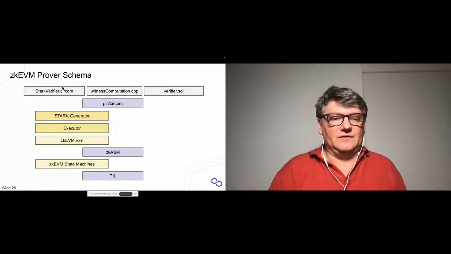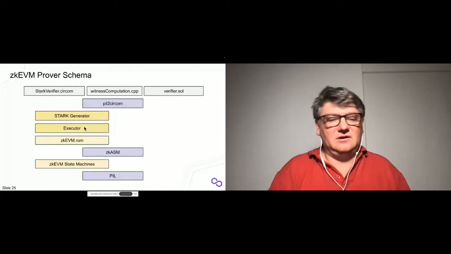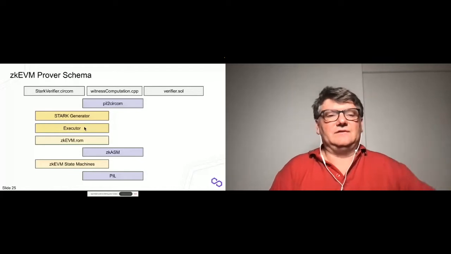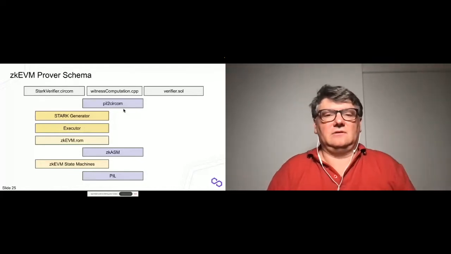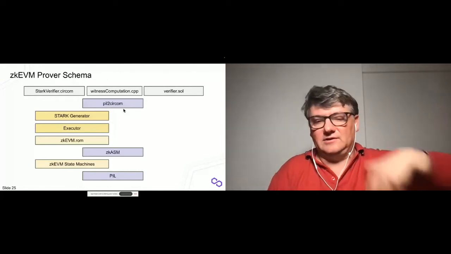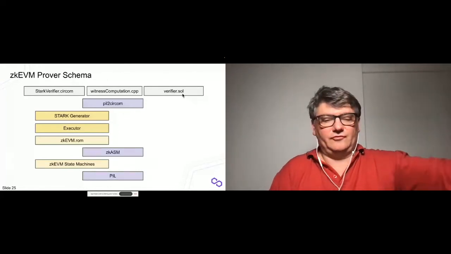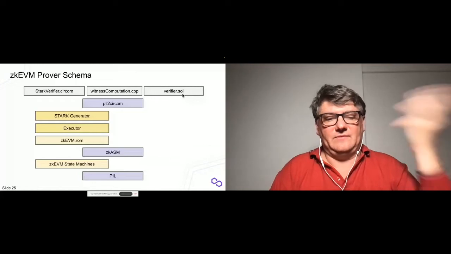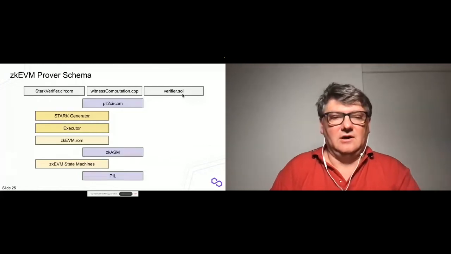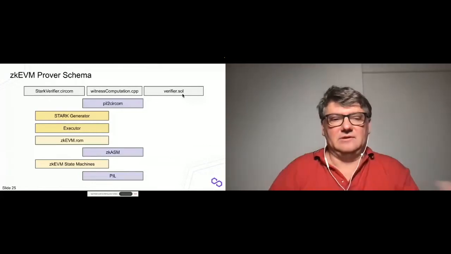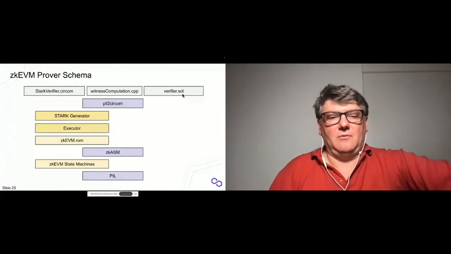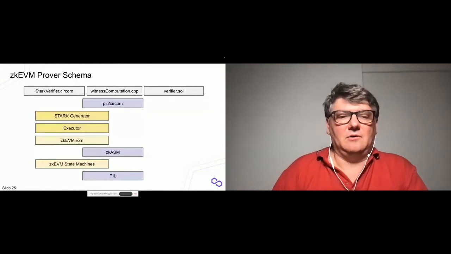Then you can plug the result of the STARK into this Circom, and of course we have the verifier, the Solidity smart contract that validates the Groth16 or the Plonk. Okay, so this is a little bit the tool set that we are building.